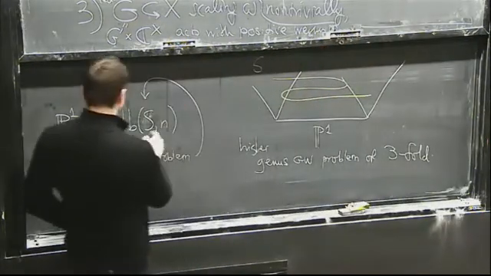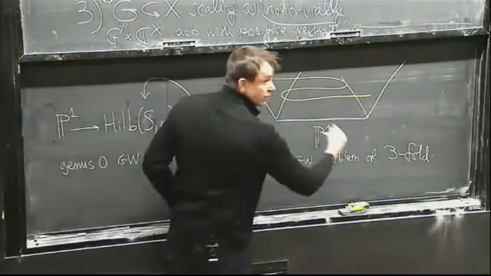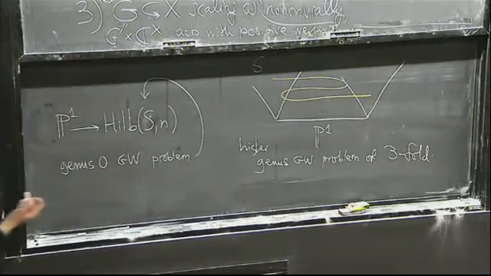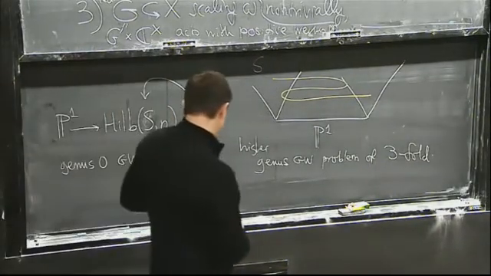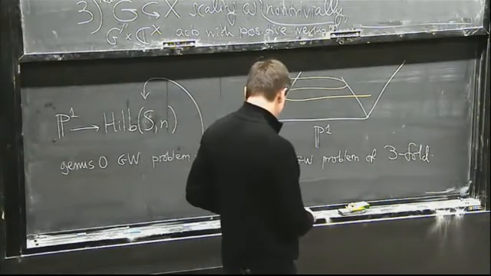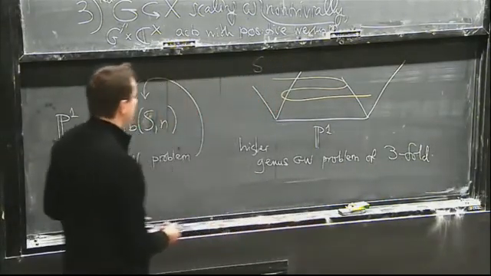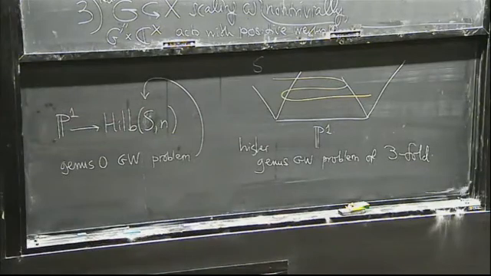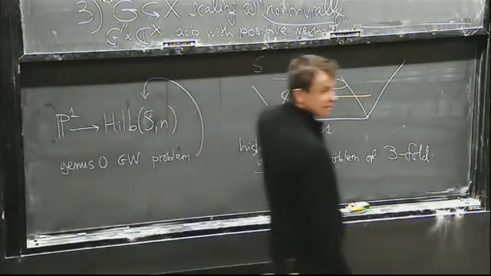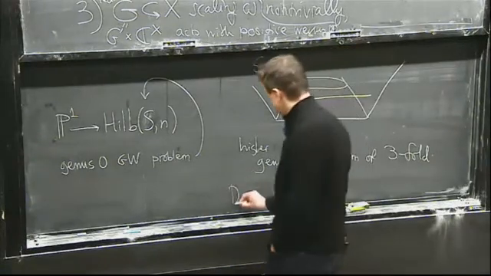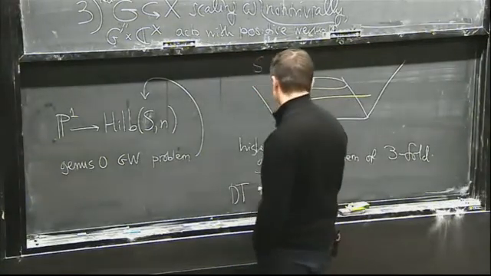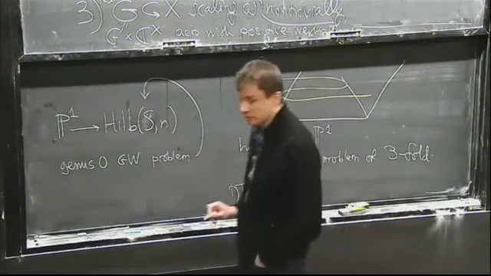This is the n-fold, and this is the threefold. In general they're different, but if the surface is symplectic, they are the same, and moreover, it's also the same as a DT-theoretic problem here.